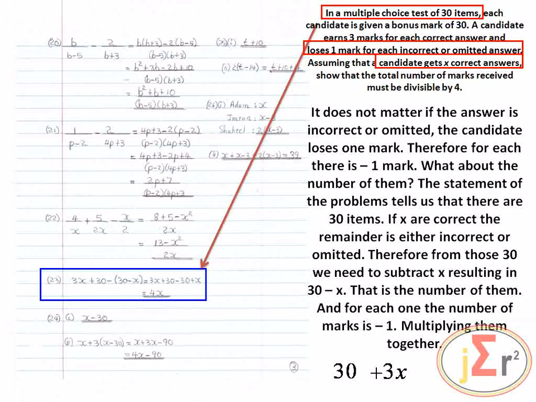It does not matter if the answer is incorrect or omitted. The candidate loses 1 mark. So it does not matter. 1 mark will be lost across the board for everyone that is not answered and for everyone that is answered incorrectly.